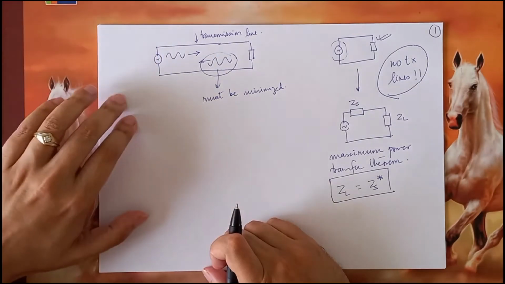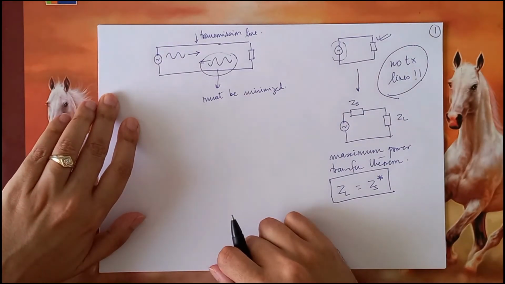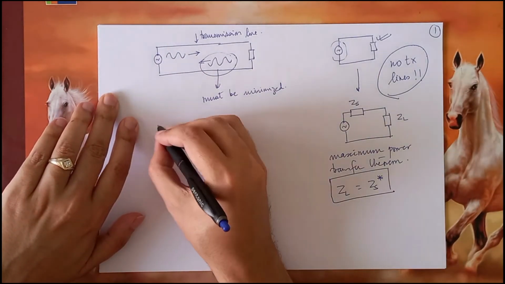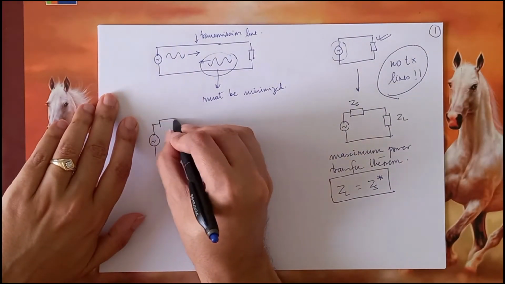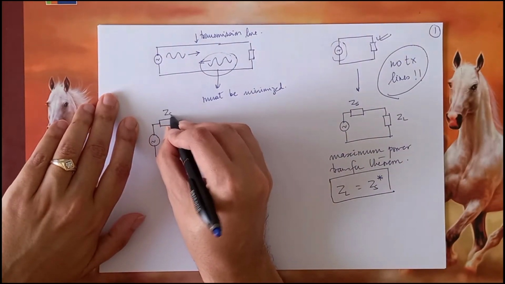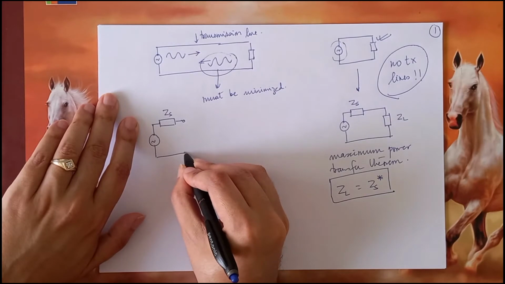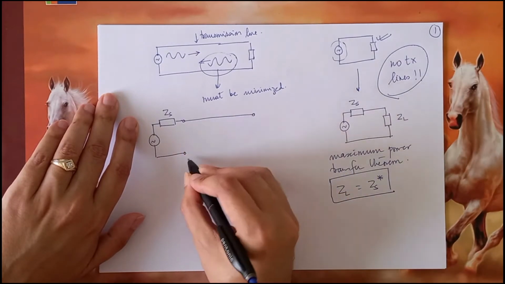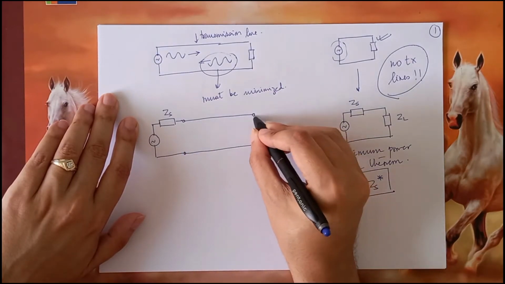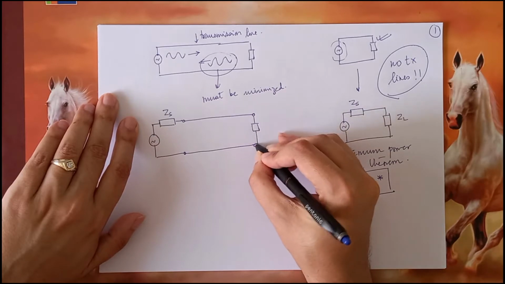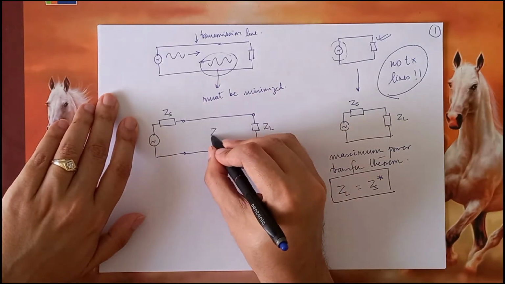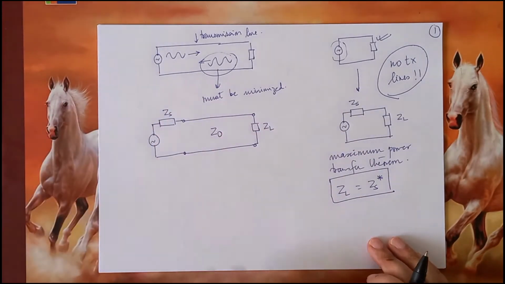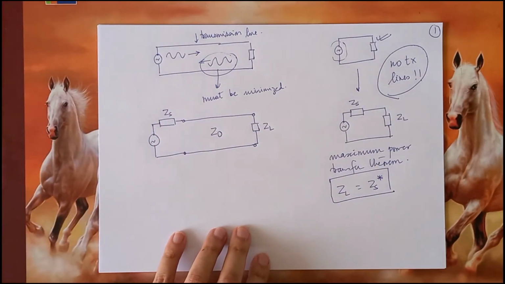What about this case? What happens if the source itself has some impedance? Let us say this is my source, this is ZS, and that is connected to a transmission line, and that is terminated with some load impedance ZL. And let us suppose that the transmission line has a characteristic impedance Z0. Right?